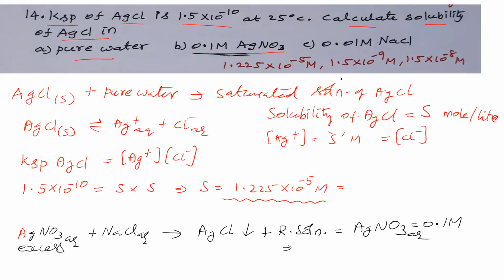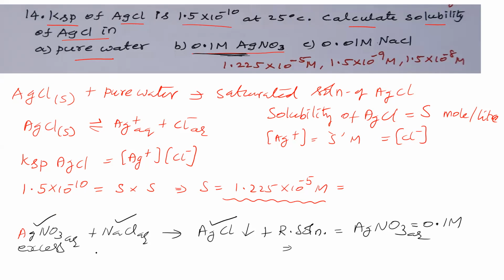So wherever you go for precipitation, the precipitate is below, and above it is the saturated solution of that precipitate. Here you have taken silver nitrate solution and you are adding sodium chloride solution. You get silver chloride white precipitate, and above the white precipitate the resultant solution will be there.